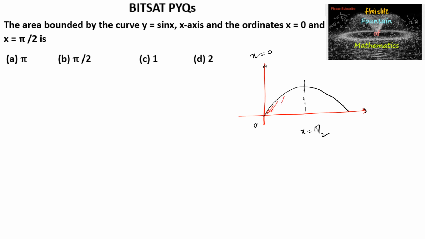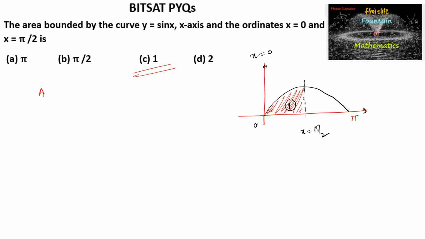So we can see this is half of one closed curve, and we know that in short one closed cup is nothing but 2 units measure, so it is half of that, 1 square unit. You can go with option D directly, but let us solve it.